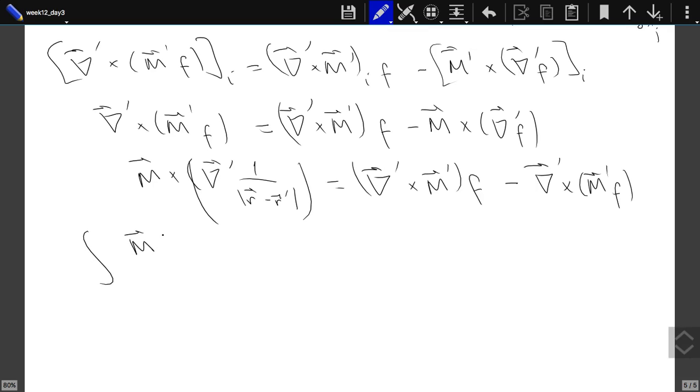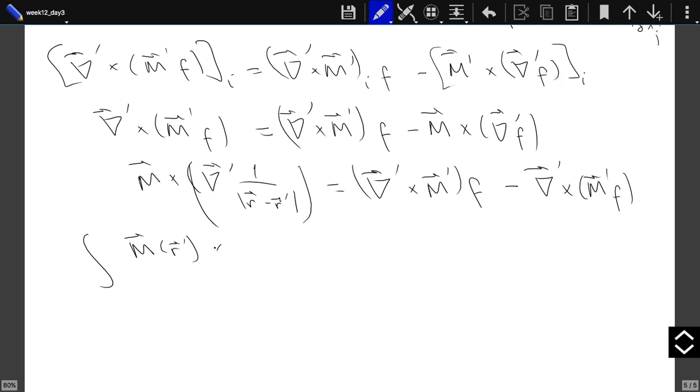So I remember I have m of r prime cross r minus r prime over r minus r prime cubed, integrated over the volume.